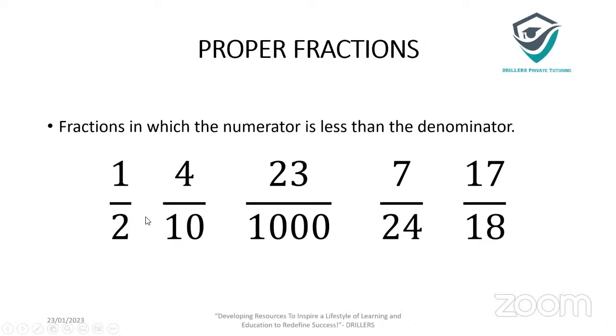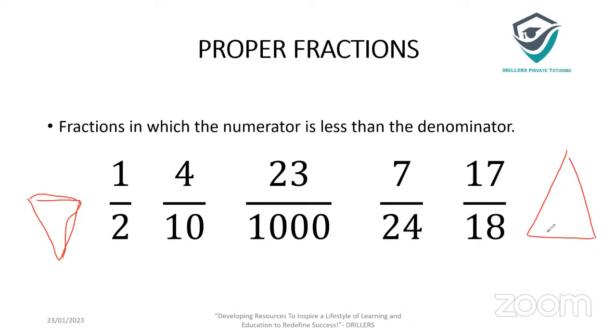So think of it as a cone balancing. If the cone is right side up, it will not balance. But if you have it the other way, with the wider, larger part below, it would balance. So proper fractions are like a cone that is balancing.